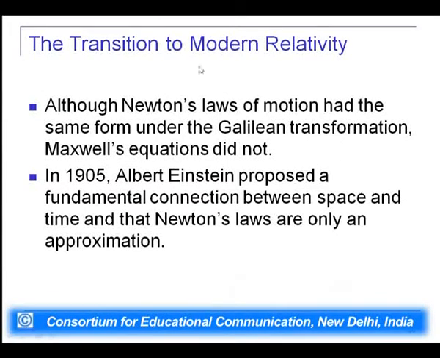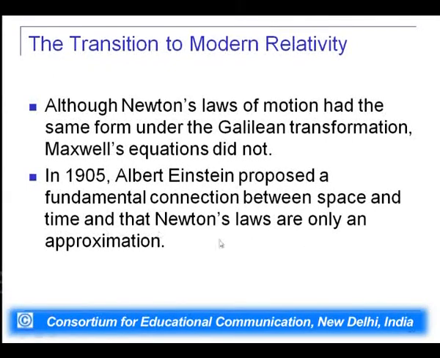The transition to modern relativity. Although Newton's laws of motion had the same form under the Galilean transformation, Maxwell's equations did not. In 1905, Albert Einstein proposed a fundamental connection between space and time, and that Newton's laws are only an approximation.